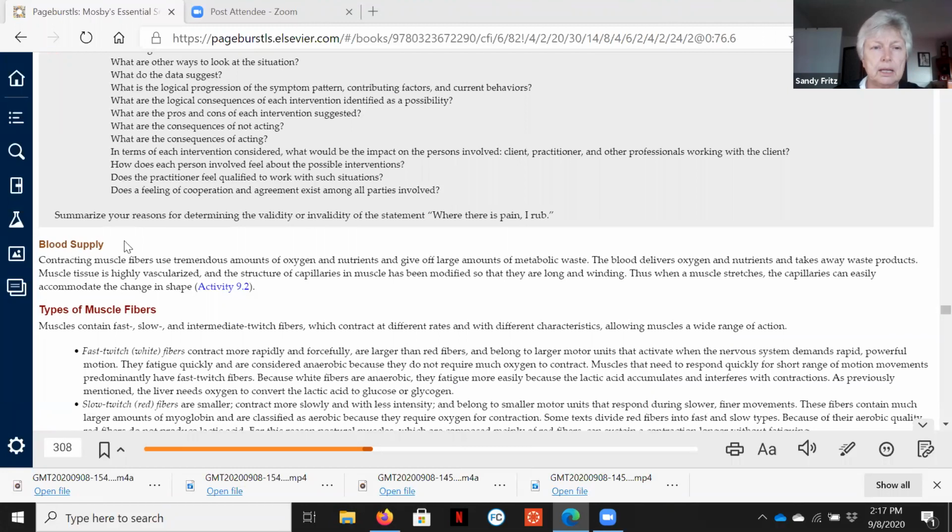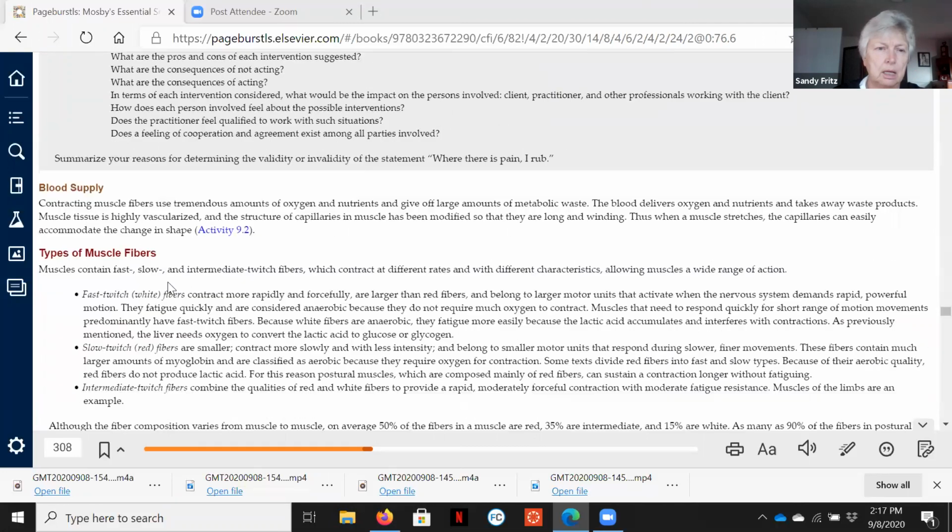And then we get into the blood supply. Muscle is highly vascularized. There's lots of blood supply, whereas like cartilage or ligaments, the blood supply is not as much. And then we have particular fibers that either contract quickly but can't last very long, or they are slow.